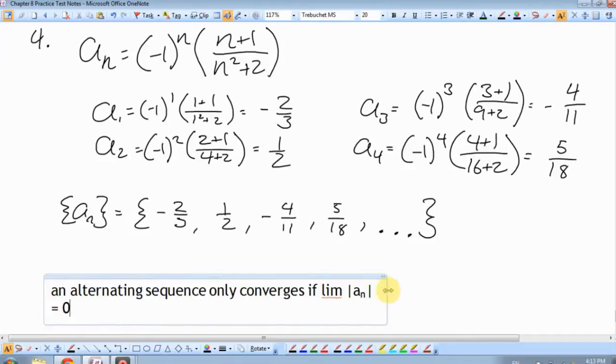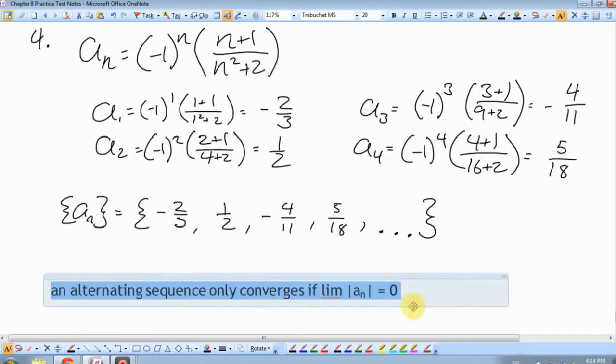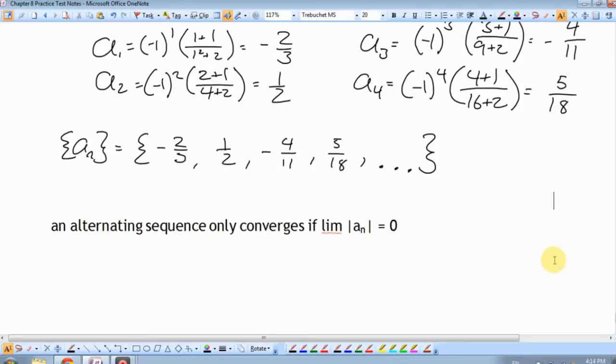Oh, I remember. What we have here is an alternating sequence. Is it the absolute value of a_n? Yes, a_n.